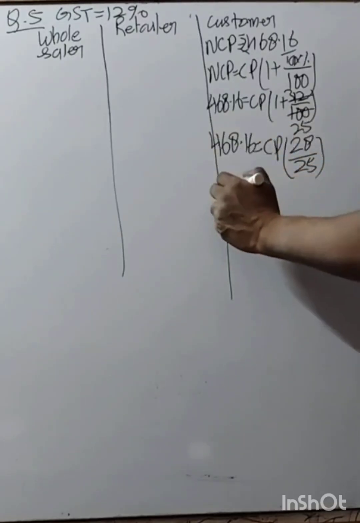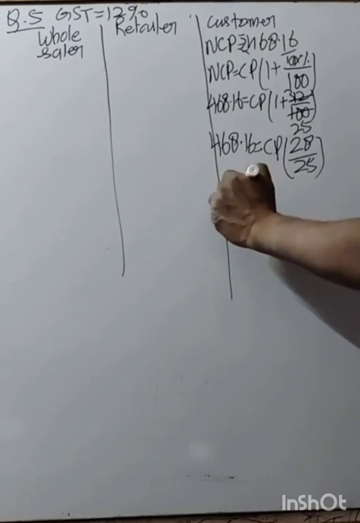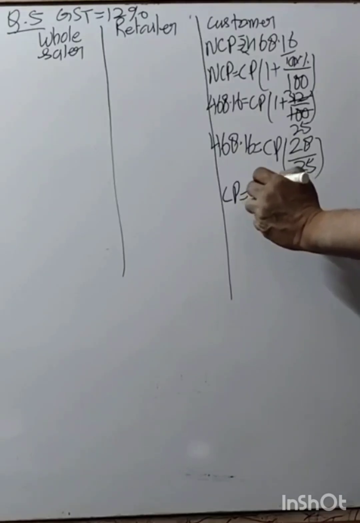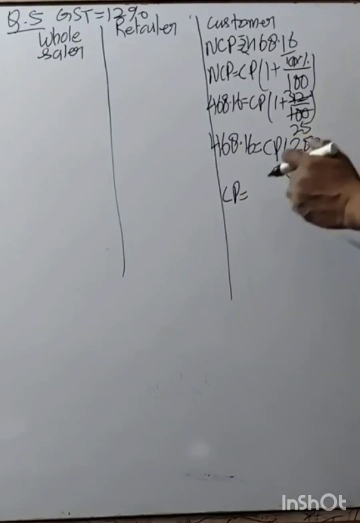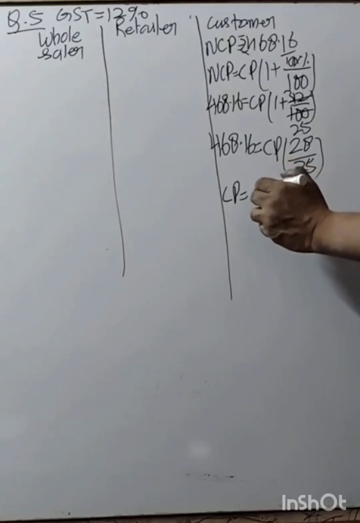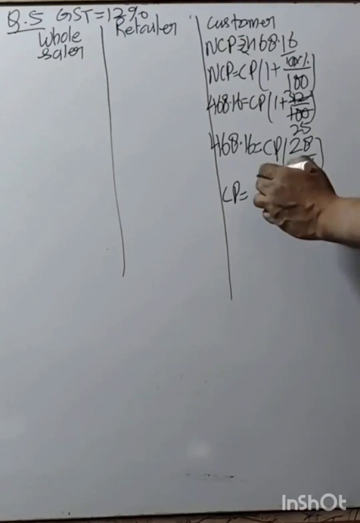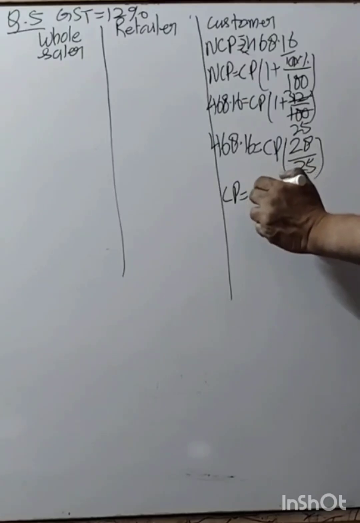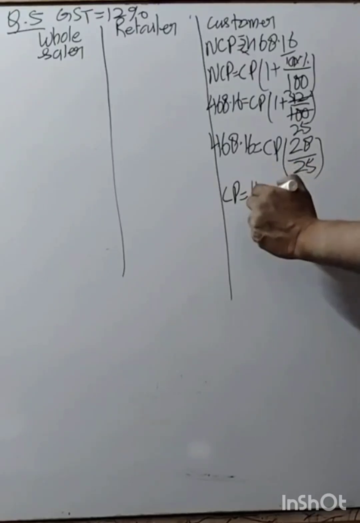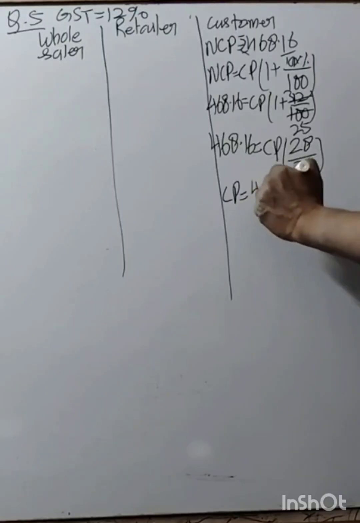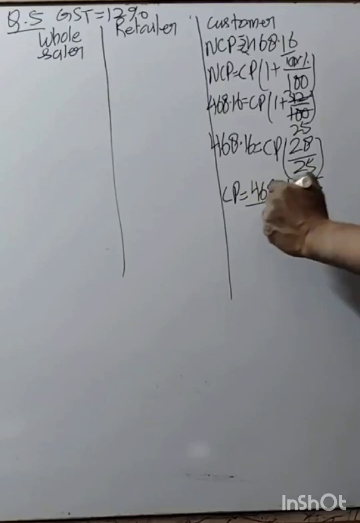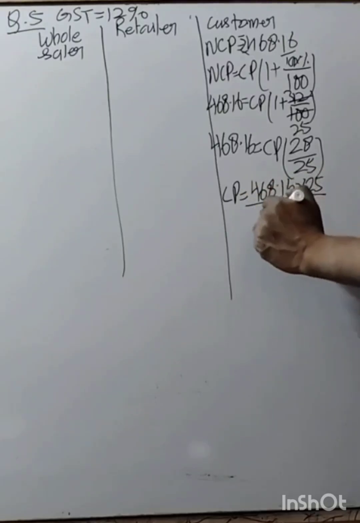Right? So CP, the cost price for the customer, is equal to 468.16 into 25 upon 28.